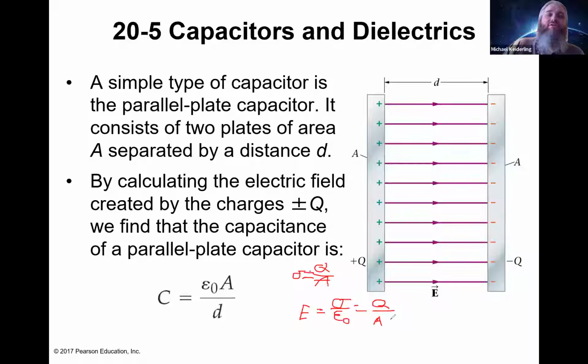So we get Q over area epsilon naught. And the magnitude of the voltage is going to be the electric field times the distance. There are some signs in here, but we don't really need to worry about that.